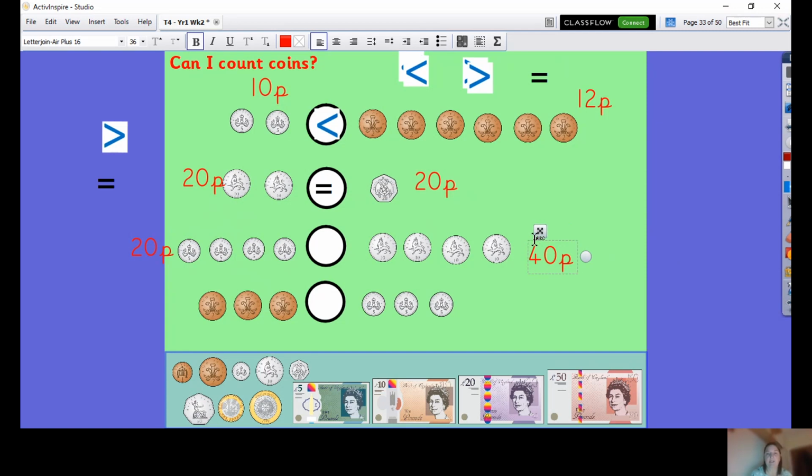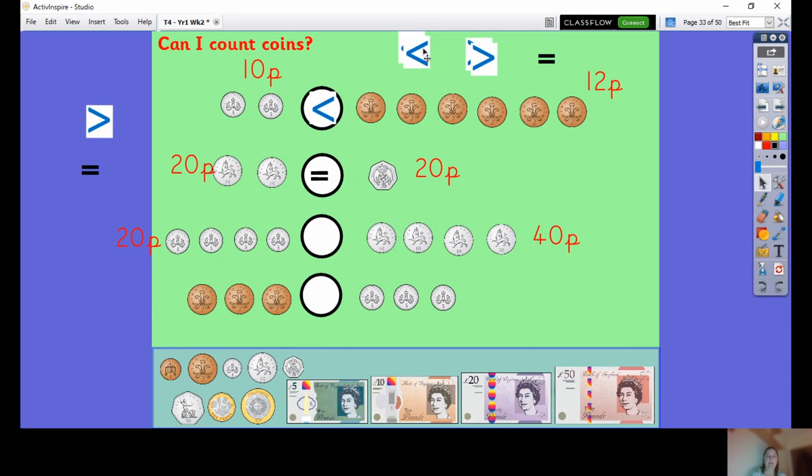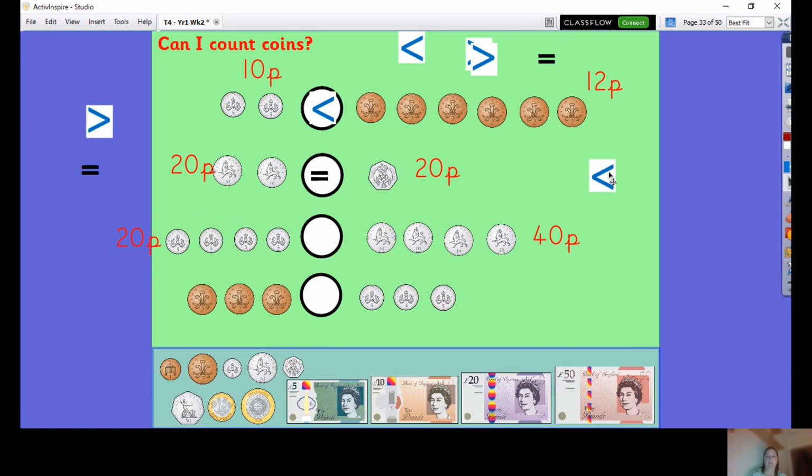This is 40p. So although it's pence, I'm looking at 20. 20 is less than 40. So 20 is less than 40.